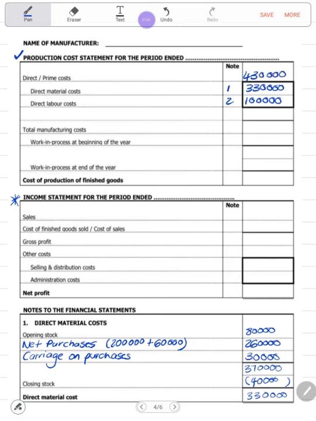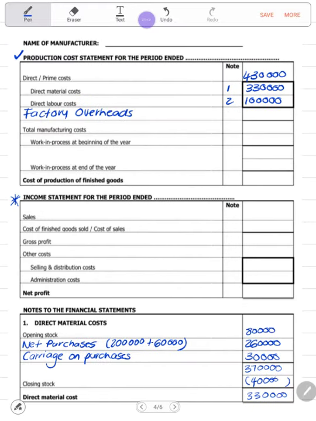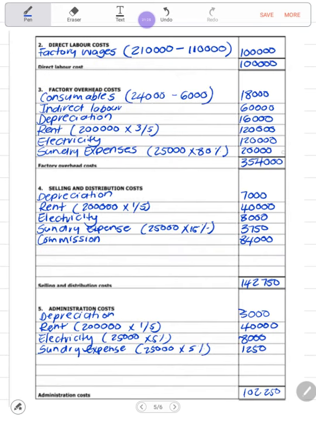All right. Then you're not forgetting your factory overheads, all the expenses incurred by the factory, which was note number 3. And we worked that out to be 354,000. Okay, there we go.